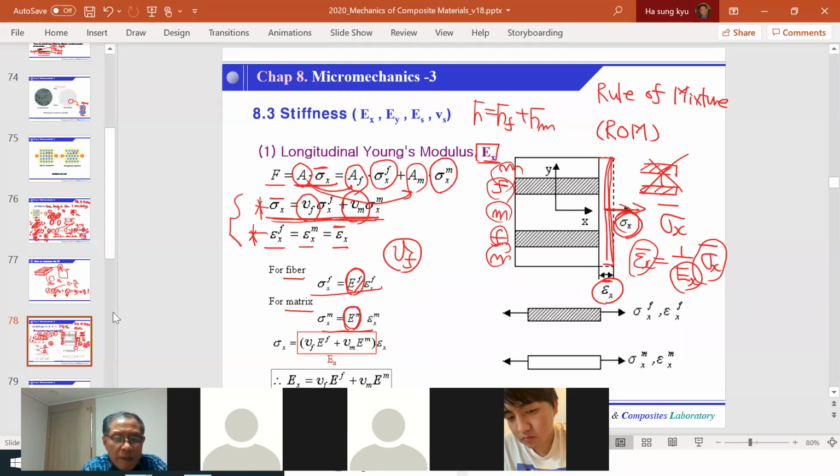Right? Now, from these equations, we can say sigma xf, we can put these equations into here, and the second equation into here.